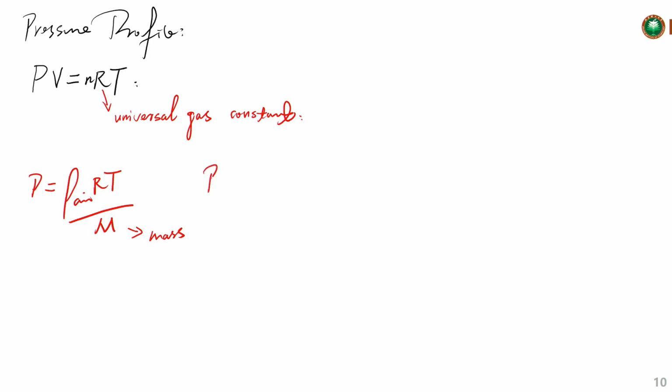And Ra is for the standard atmosphere. It is around 287, and it is constant.